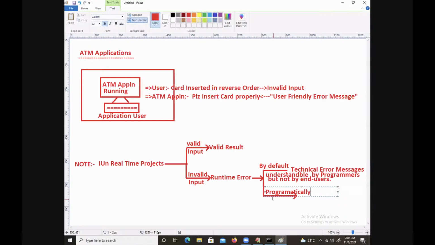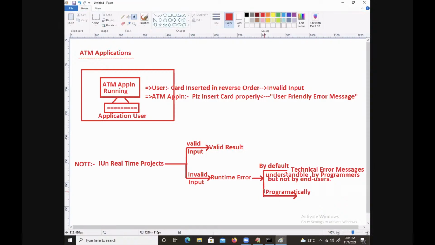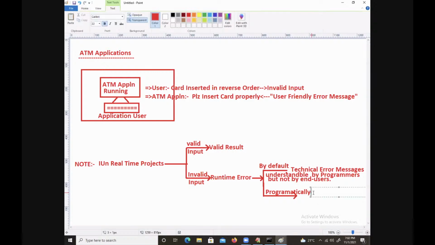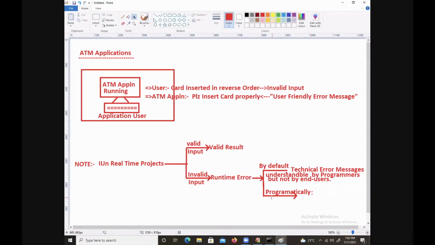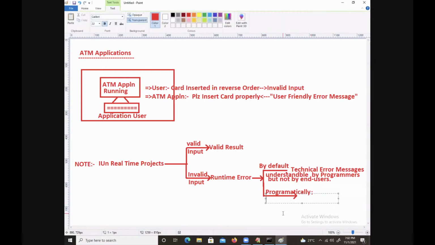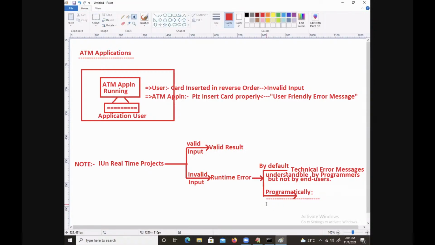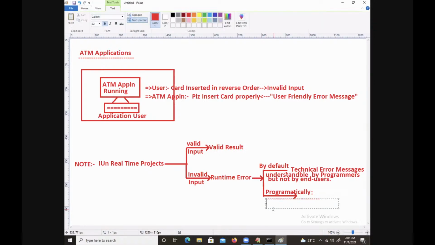Programmatically, we are supposed to convert them and generate user-friendly error messages.